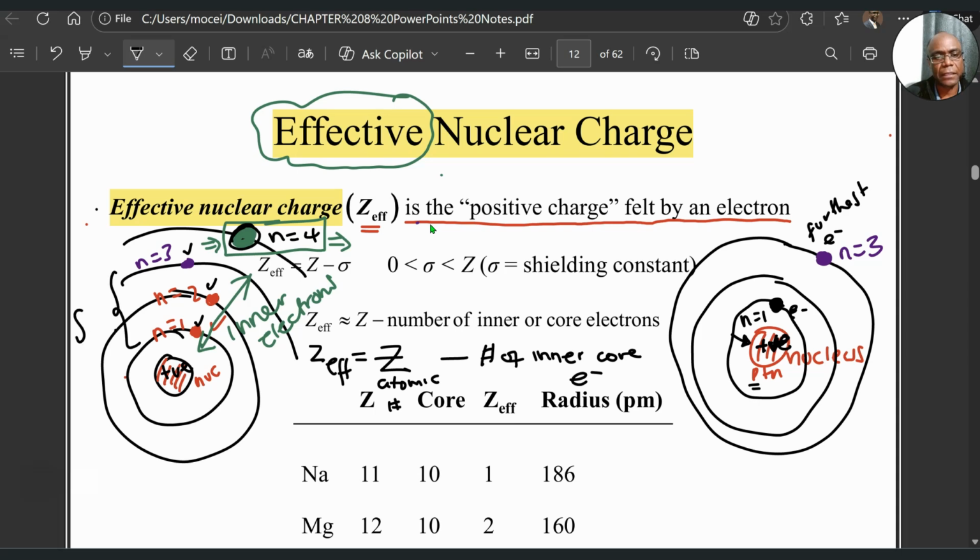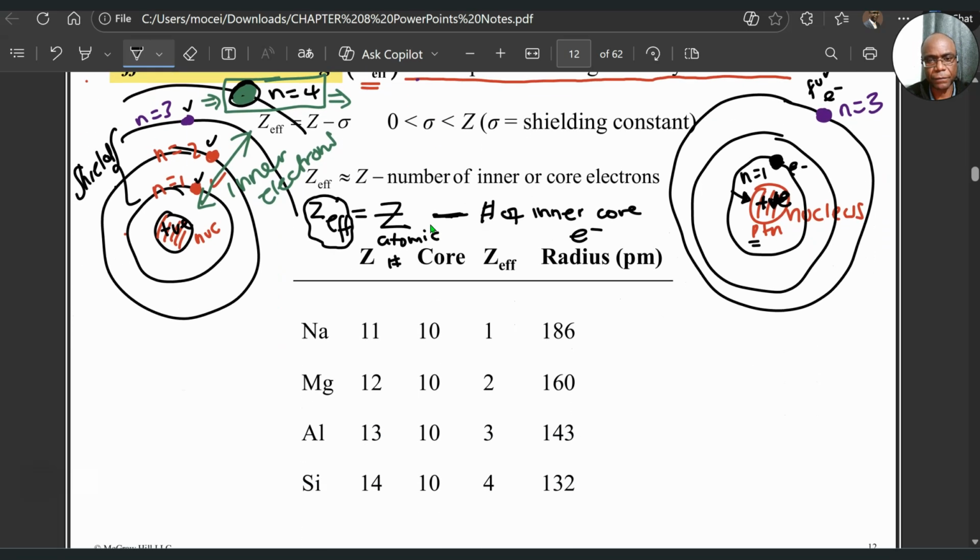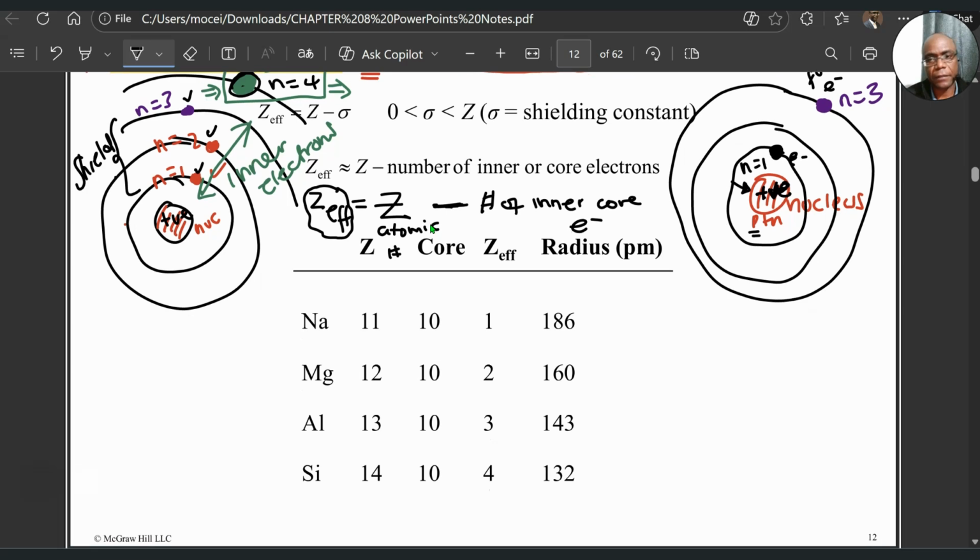So these ones shield the green outermost electron from the nucleus, so the green outermost electron will feel less nuclear charge. Which is why we subtract. So you take the atomic number minus the number of inner core electrons to get the effective nuclear charge Z subscript EFF.